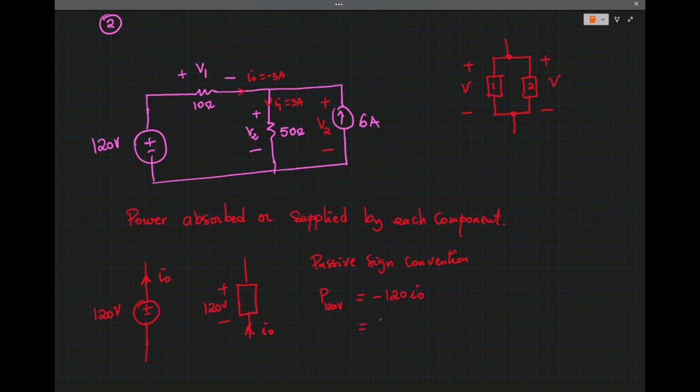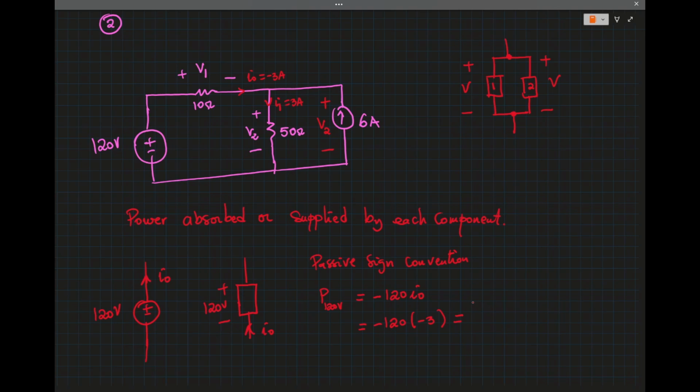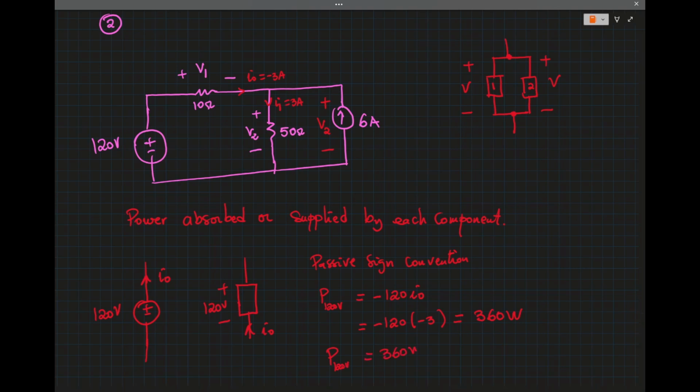So that gave me negative 120 times I0, minus 3 amps, so that gives me 120 times 3, 360 watt. So P of the 120 volt source is just 360 watt.